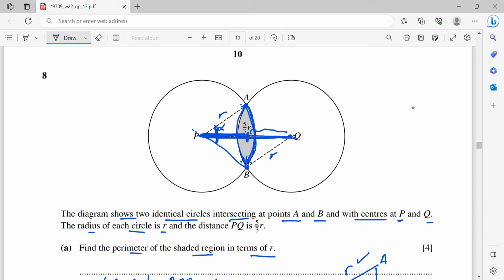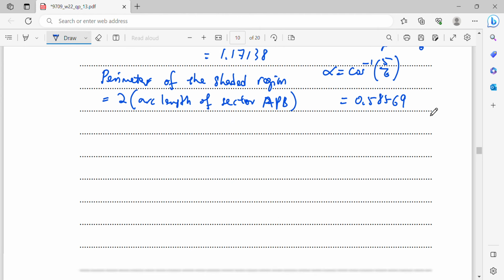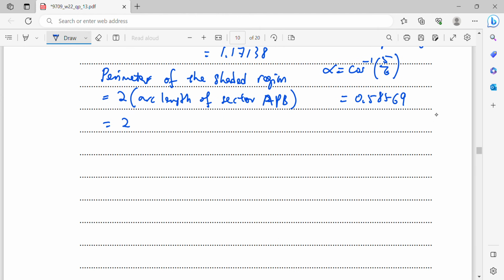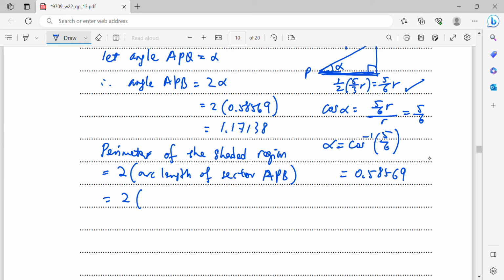So we need to use this whole angle together with the r, that will be the arc length of APB. So I will write 2, then the angle is 1.17138, then r. And at last, you will be getting 2.34r. So that's the perimeter of the shaded region.